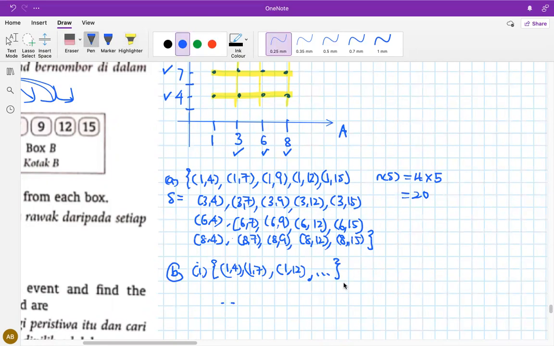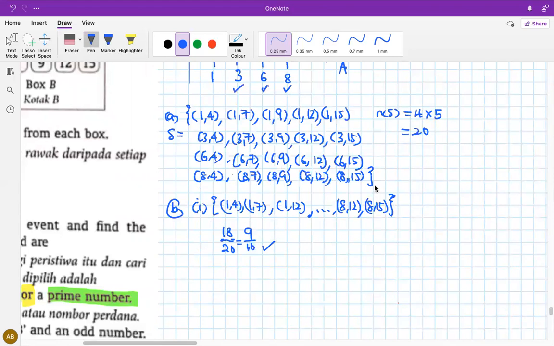So in the exam, you don't do like that. You don't follow me and list down dot, dot, dot. You have to list down until you get 8, 12, everything. If you list down all correct, then your answer is correct. That means it's 18 over 20, so it's 9 over 10. Then you get the full mark, because your sample space is all correct.